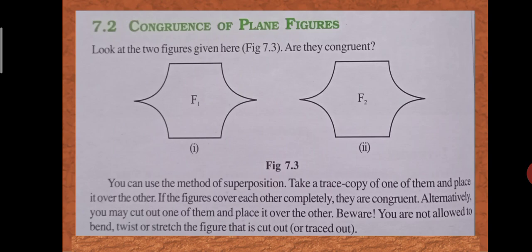No, though they both are circles, the shapes are same, but their lengths are different, so they are not congruent. So here F1 and F2, two figures are given. If you place F2 on F1, or we can trace them, then we will find they are same. That means they are congruent.